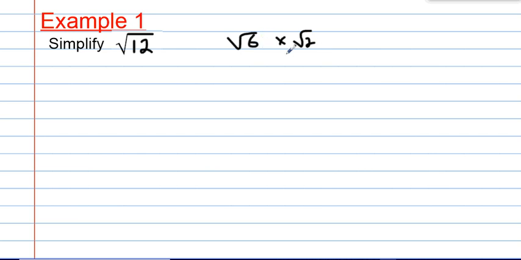The answers are not integers, and we need integers. So we have to aim for squared numbers when we're simplifying surds. So we can think of other numbers that can split down into 12, 4 and 3. Because 4 is a squared number, we're going to have root 4 times root 3.